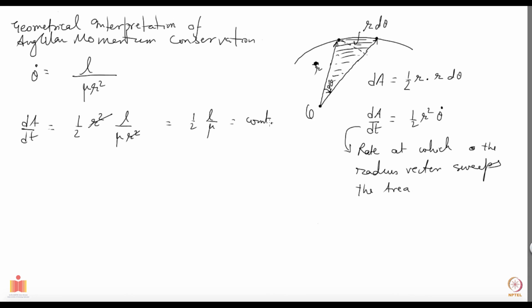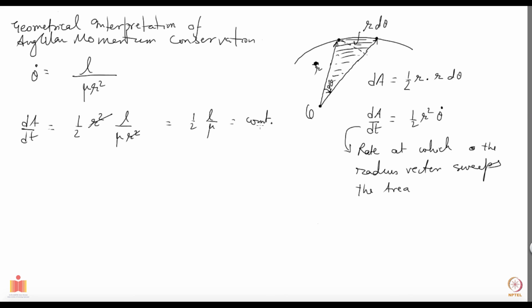Okay, so what it says is that the amount of area that the radius vector is going to sweep in some time interval is the same as it would do at any later time if you take again an equal time interval.